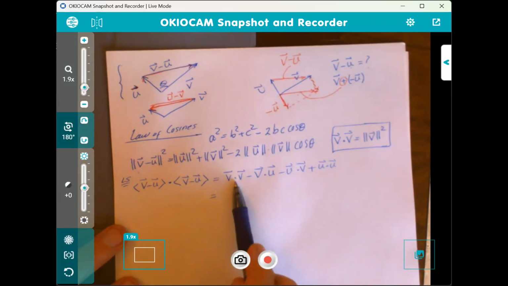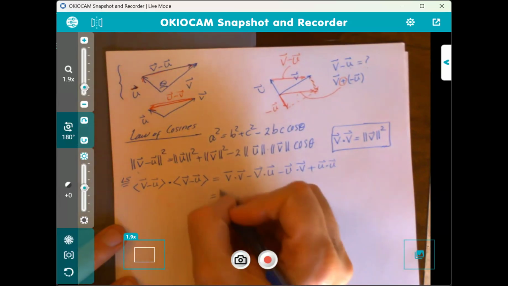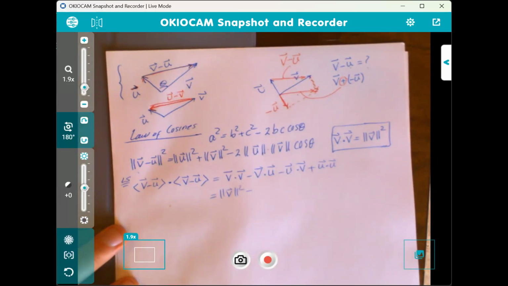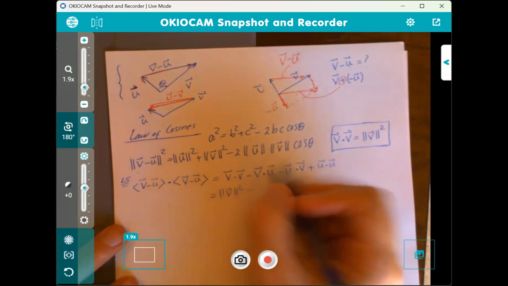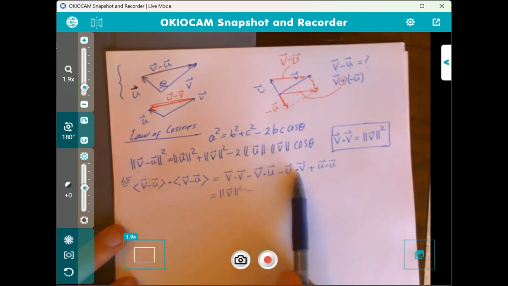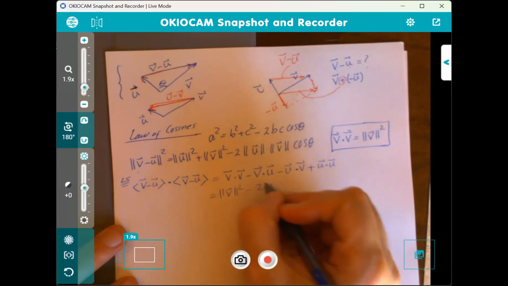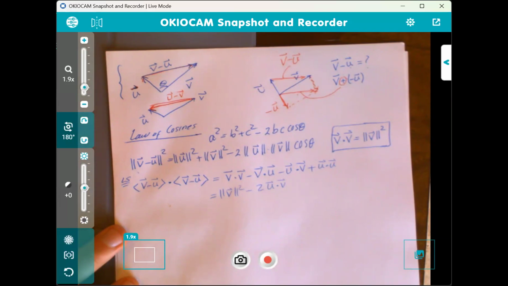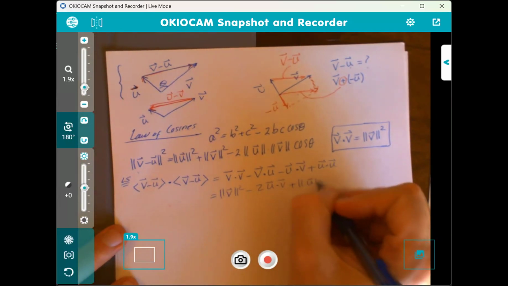Now, v dot v, we just said using the properties, is just the magnitude of vector v squared. v dot u and u dot v, remember the dot product is commutative, so they are the same scalar. So I have twice u dot v, or v dot u, doesn't matter. And then u dot u also gives you the magnitude of u squared.